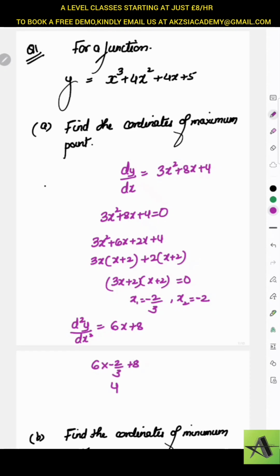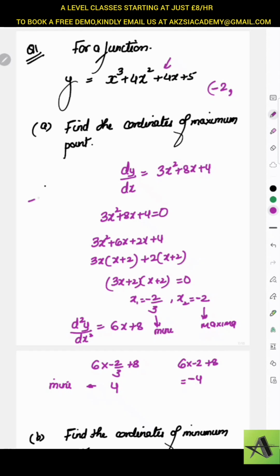That will give me 4. So d2y over dx2 is positive in this case. That means I'll get minima. So this will give me minimum. So this one will give me maximum, but even though, let me check. 6 times -2 plus 8, which is -4, and less than 0, that means yes, this will give me maximum. x equals -2 will give me the maxima, so the coordinates are x is -2 and for y I just need to sub in here.